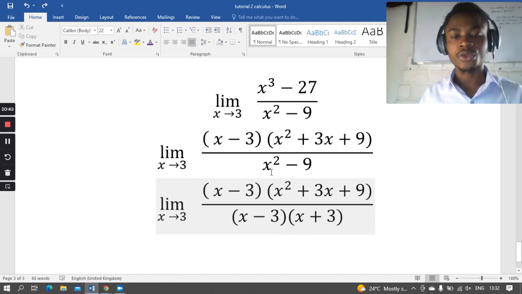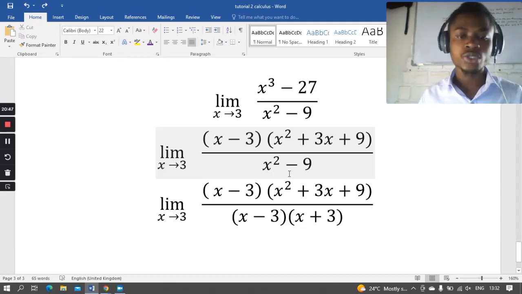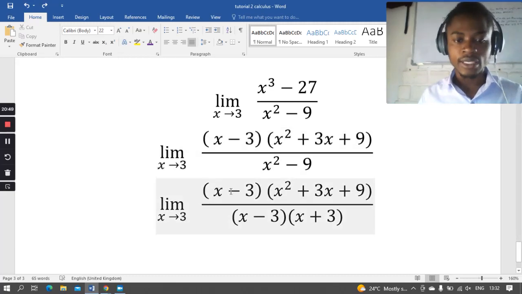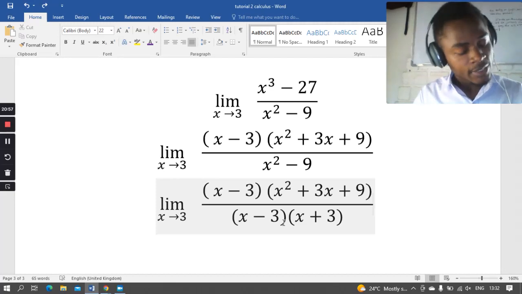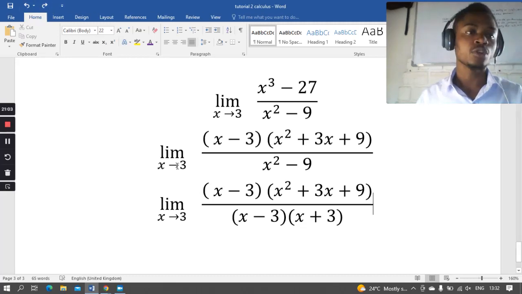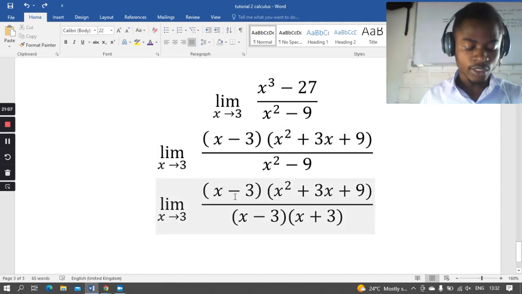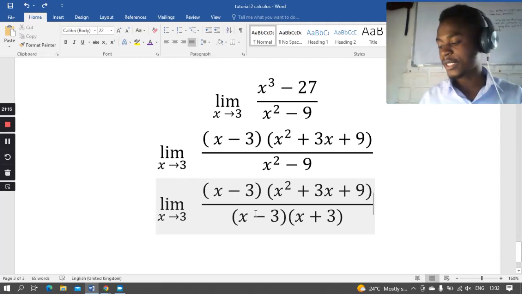We have factorized the denominator using the difference of two squares, and for the numerator we used the polynomial method; we can use either synthetic division or long division to factorize the polynomial. If you look there, you find that this x minus 3 and x minus 3 can be worked on.